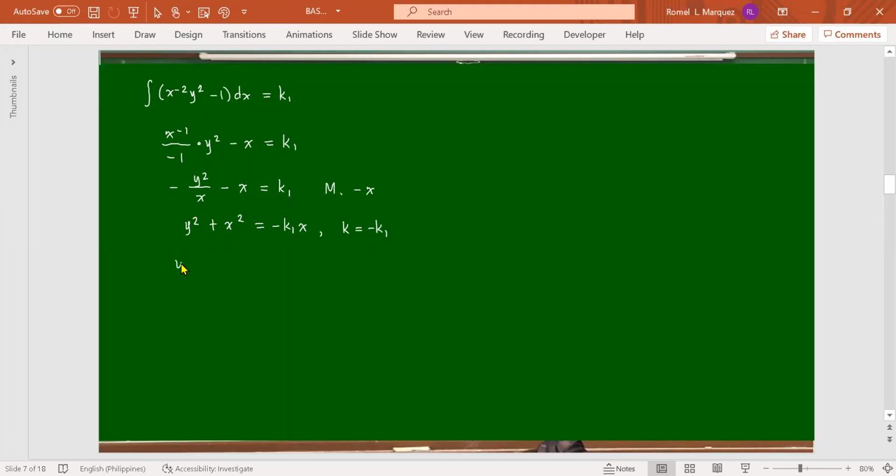Hence, we now have y squared plus x squared is equal to kx, or x squared plus y squared equals kx. Okay? So this is now the equation of the unknown family that is orthogonal, every member of which is an orthogonal trajectory of every member of the given family.